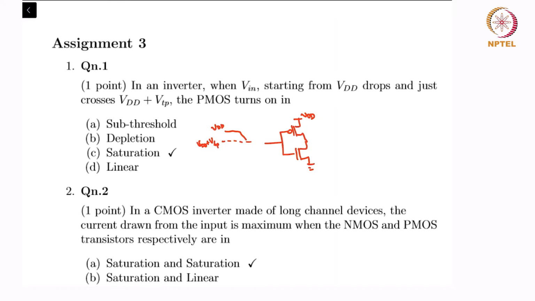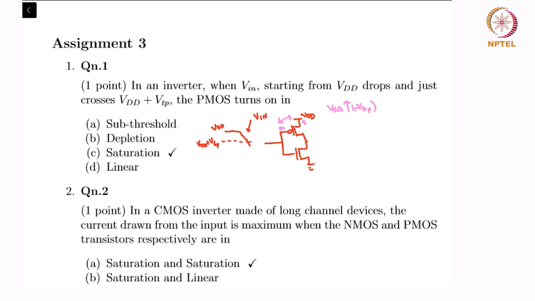So this is the source, this is the gate, and just as the input voltage Vin crosses the VDD plus VTP mark, we get that VSG, which is this voltage, will increase beyond VTP.